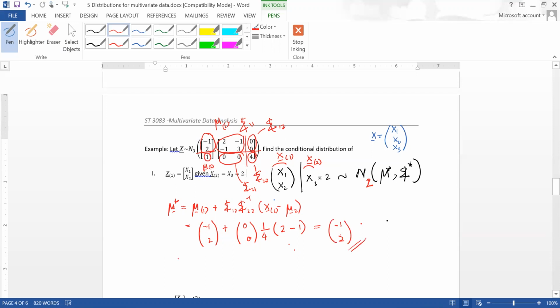Same way, sigma star, can you find? First tell me, do you have any question about mu star? Did you understand how to get this mu1, mu2, sigma 1,1, sigma 1,2 likewise?